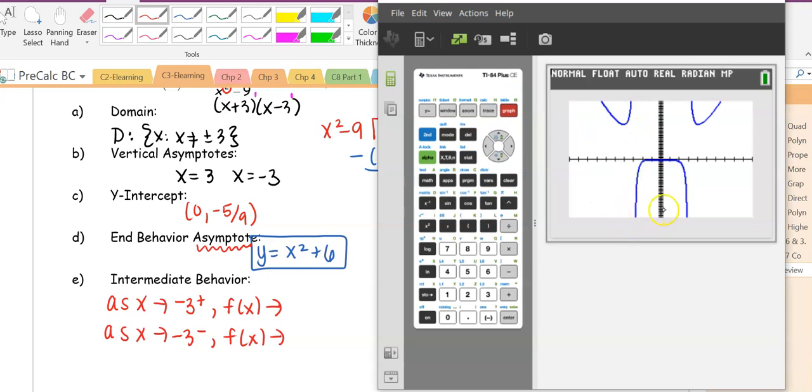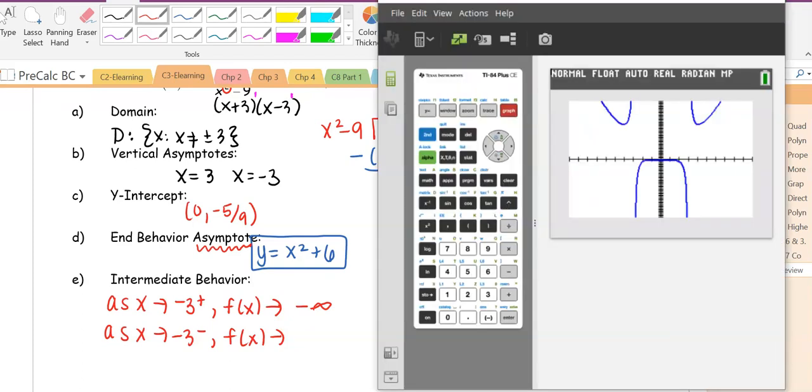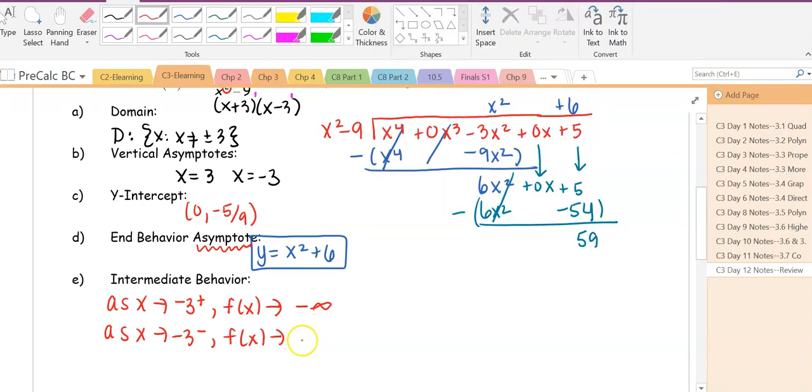As we approach from the right, we are going down. So this is approaching -infinity. And we should already know it's going opposite directions because of our degree again, but as we approach -3 from the left, it is going up, so that's +infinity.